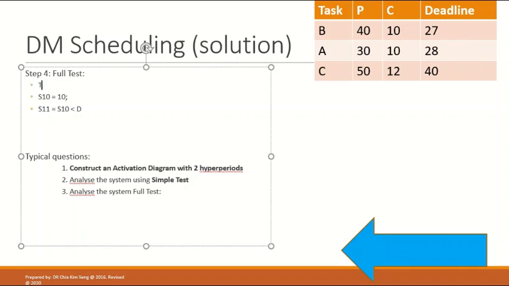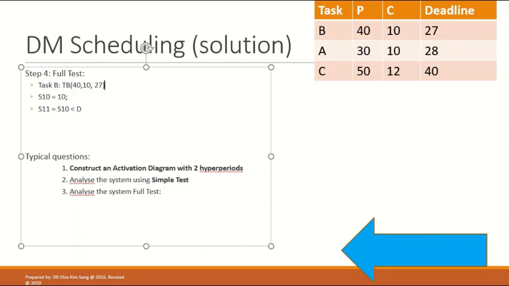You should write the task B first: task B, DB, your period, your CPU time, and your deadline.